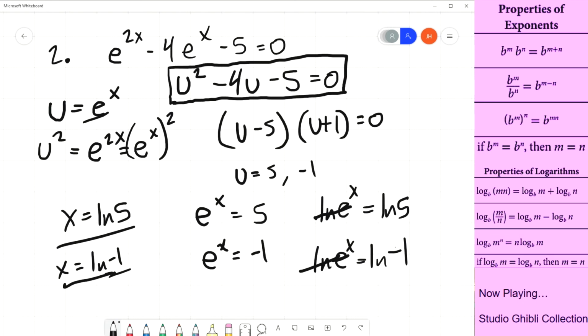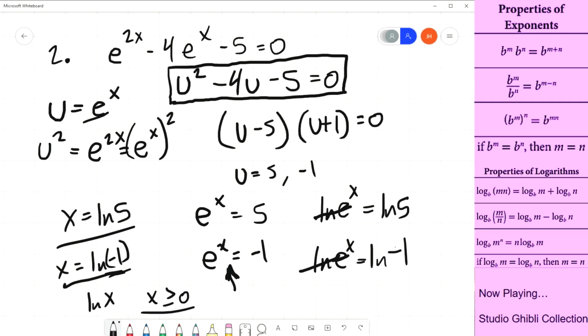Now this is a slight problem here. If you guys remember from our classwork that we did at the beginning of the week, we saw that for the natural log, the domain is that the input must be greater than 0. You cannot plug a negative number into a natural log. Because if you think about it, looking at this expression here, no matter what x equals, I will never get a negative number.